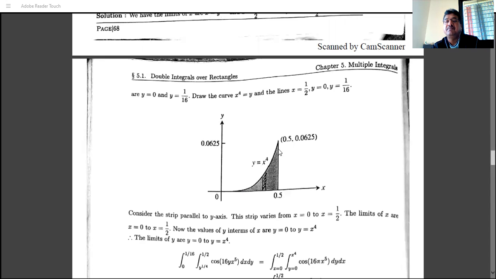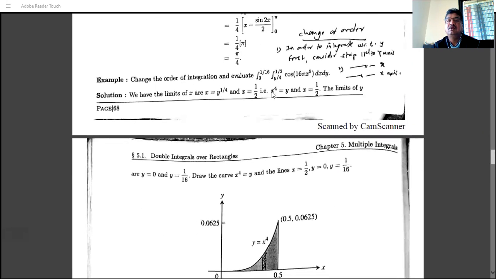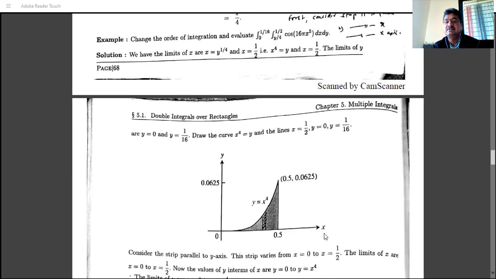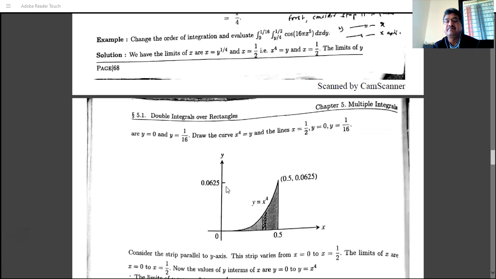And x = 1/2 is this line. x = 1/2 means a line parallel to the y axis at a distance of half from the origin. This is the limit on x. x = 0 means the y axis, and y = 1/16 is this point. Then what is the point of intersection?